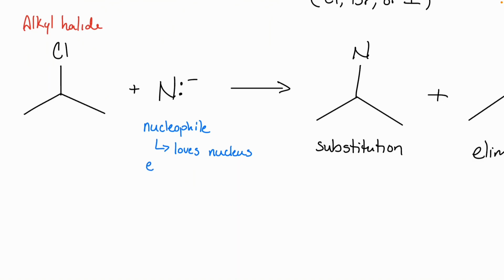Importantly, these are electron-rich species, and they're very attracted to a positively charged nucleus, right? So the basis of reactions in organic chemistry is something has a bunch of electrons, something else really wants those electrons, right? And that's the basis behind all reactions in organic chemistry. Our nucleophile is this electron-rich species, so it's going to want to find and react with things that are relatively electron deficient. Okay? So again, nucleophile means that it's electron-rich.